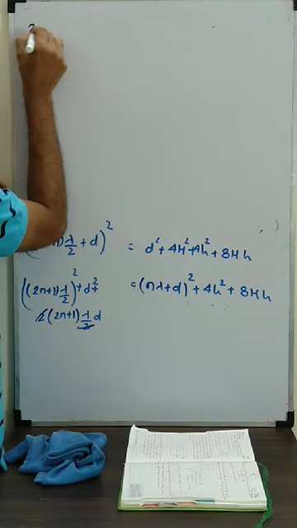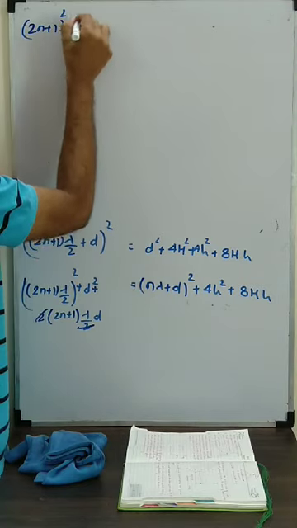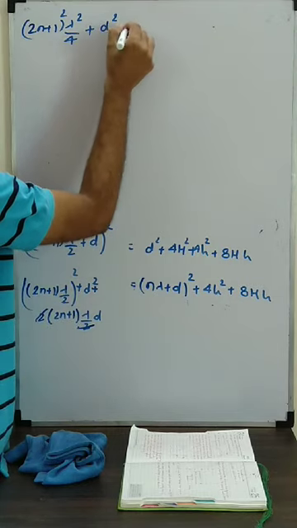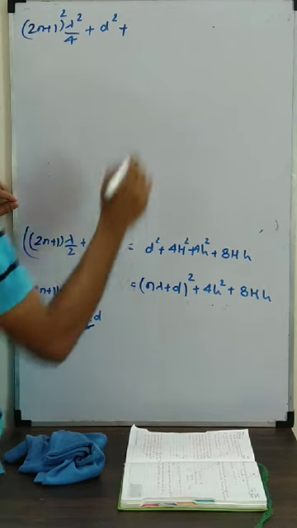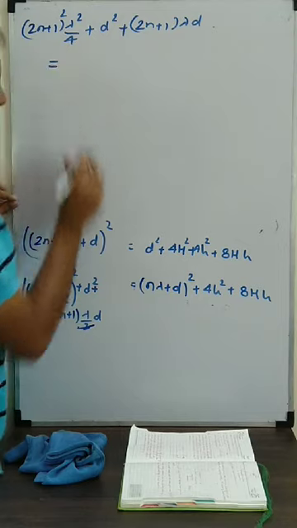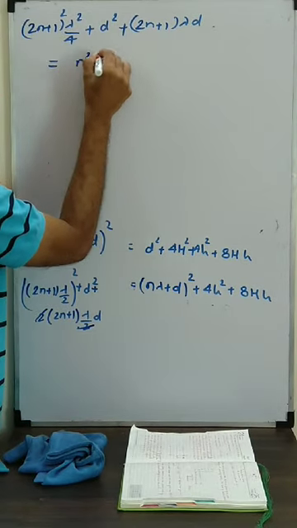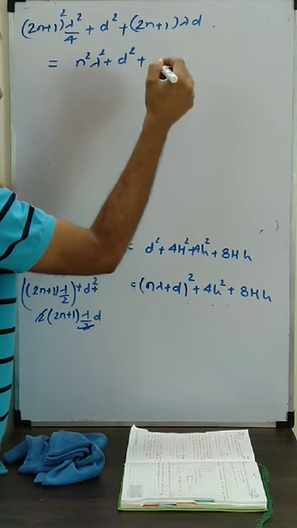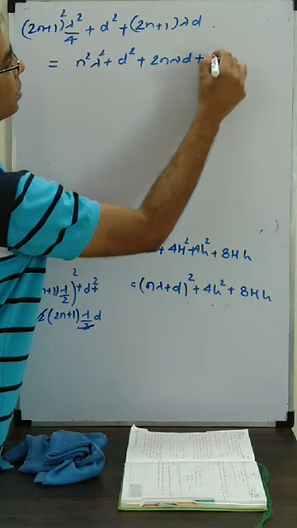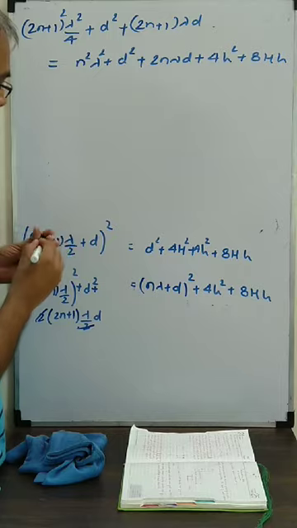This is (2n plus 1) whole square into lambda square by 4 plus d square plus (2n plus 1) lambda into d equal to this over here, n square lambda square plus d square plus 2n lambda d plus 4h square plus 8h into h.